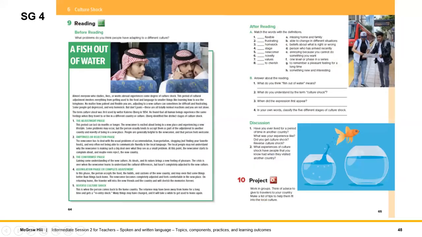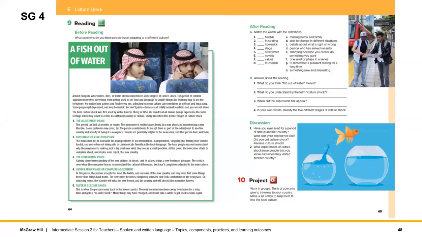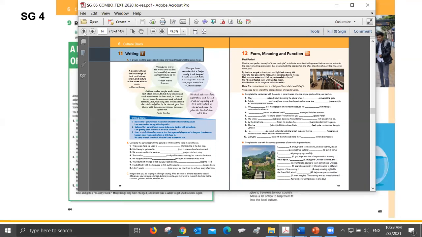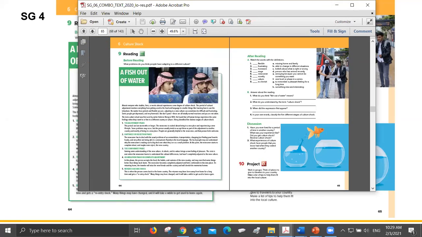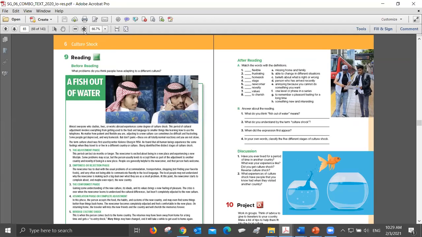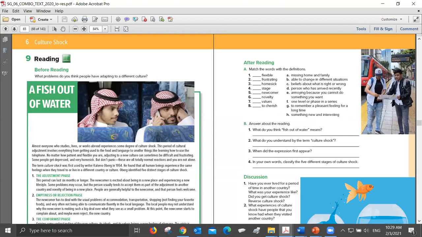Or is that too small? Let me use the PDF. Is this better?